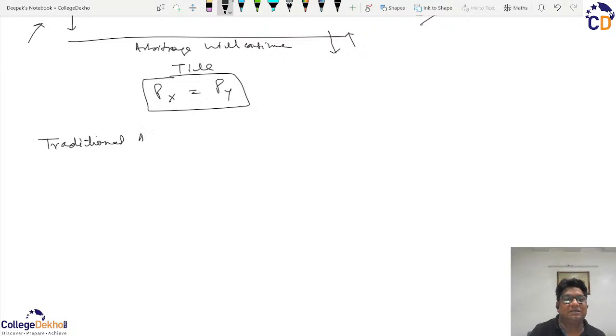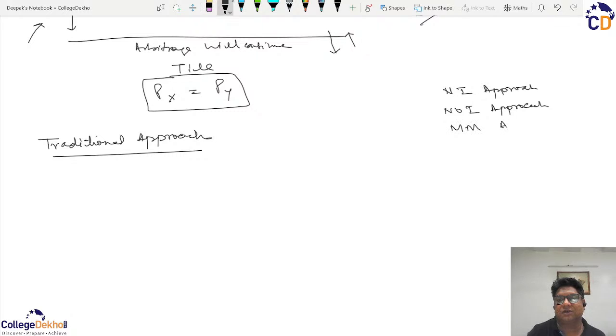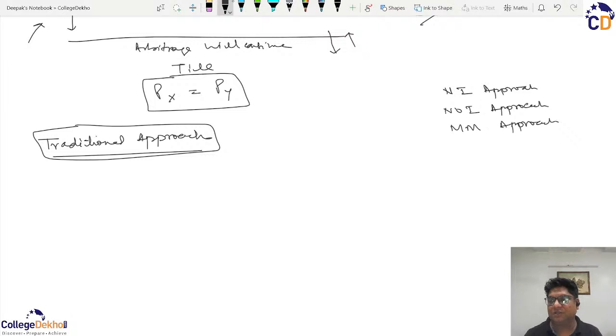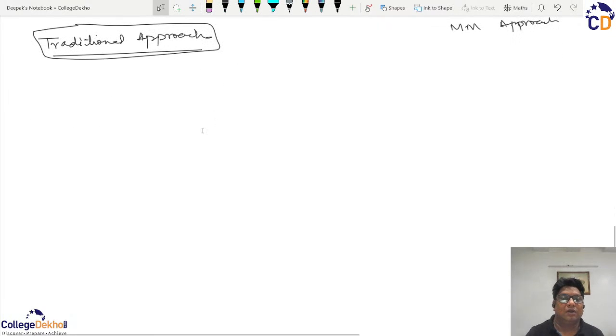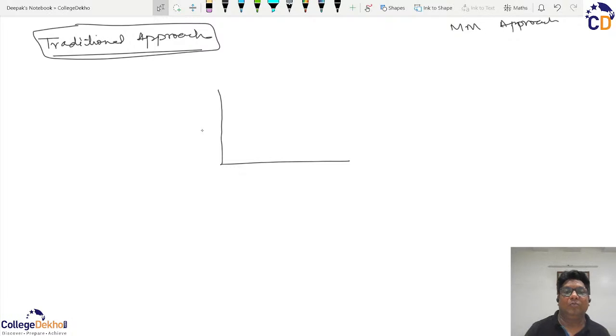We have already discussed net income approach, we have already discussed net operating income approach. हमने फर्स्ट सेशन में NI अप्रोच डिस्कस किया था, उसके नेक्स्ट सेशन में NOI अप्रोच डिस्कस किया था, और उसके बाद हमने थर्ड सेशन में आज MM अप्रोच डिस्कस किया। And they all were sessions on financial management, capital structure theories. जो एक थ्योरी और है जो इफेक्टिवली एग्जाम्स में इतनी इंपॉर्टेंट नहीं है, बट जस्ट टू कवर द टॉपिक, तो मैं इसको आपको नटशेल में बता रहा हूँ कि इसकी जो ऑपरेशंस हैं इट इज़ मोर और लाइक सेम एज वी स्टडीड द नेट इनकम एंड द नेट ऑपरेटिंग इनकम अप्रोच.